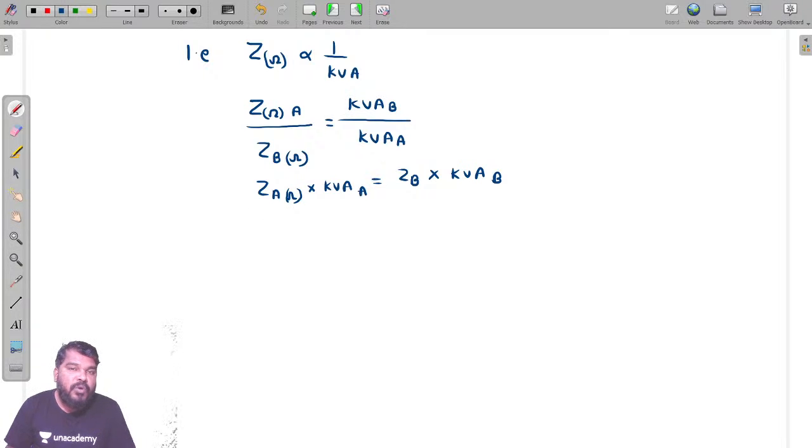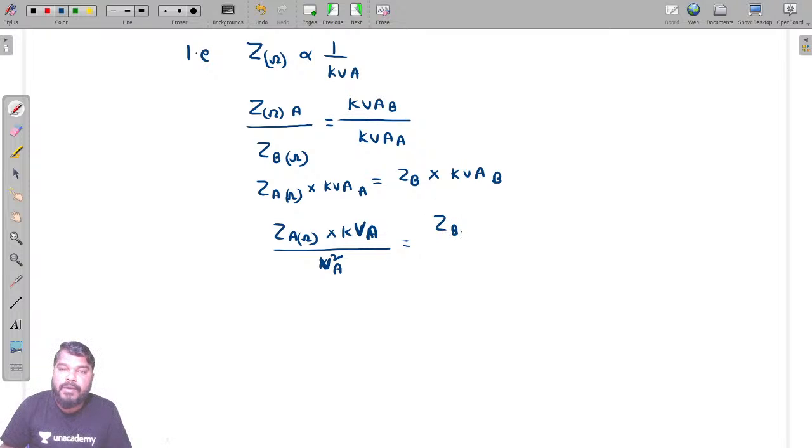The voltage ratings of both transformers are the same. So we can write ZA in ohms multiplied by kVA, divided by the voltage rating of transformer A squared, is equal to the ohmic impedance of transformer B and its kVA, divided by the voltage rating of transformer B squared. Now we know that VA is equal to VB.